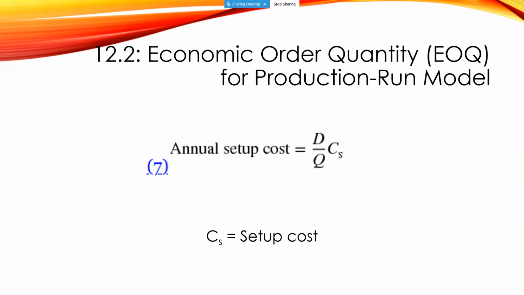Capital D is annual demand divided by our quantity, times C sub S, the setup cost. So that setup cost would be per unit. So we do the multiplication, and we would come up with annual setup cost.